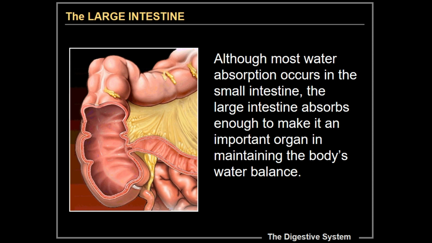So although most water absorption occurs in the small intestine, the large intestine absorbs enough to make it an important organ in maintaining the body's water balance. So there is going to be some water absorption.